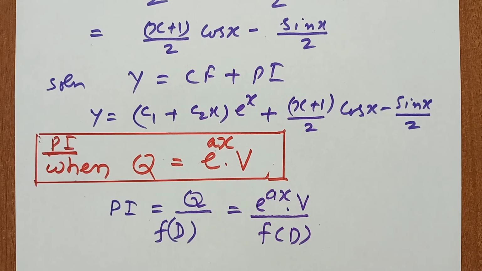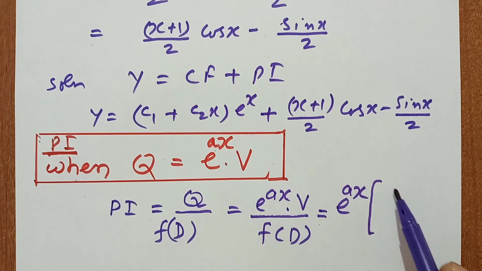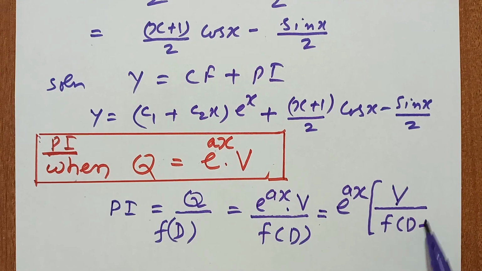In this case you put e to the power ax as it is, and take the particular integral of V upon f(D plus a). So this is the rule, okay.